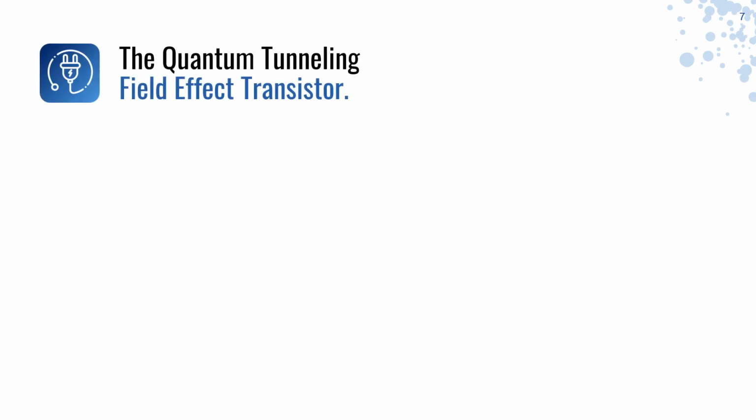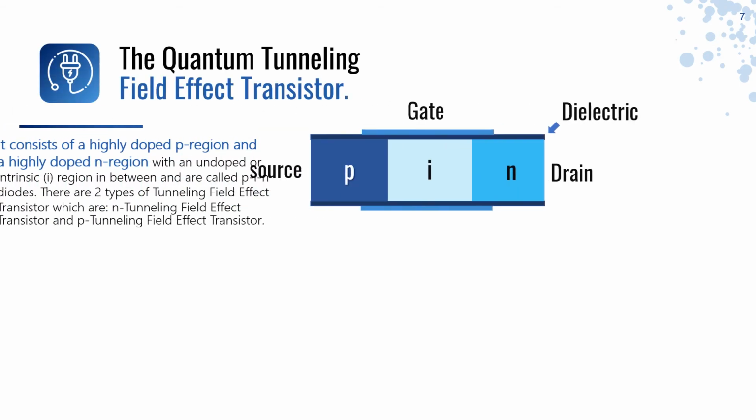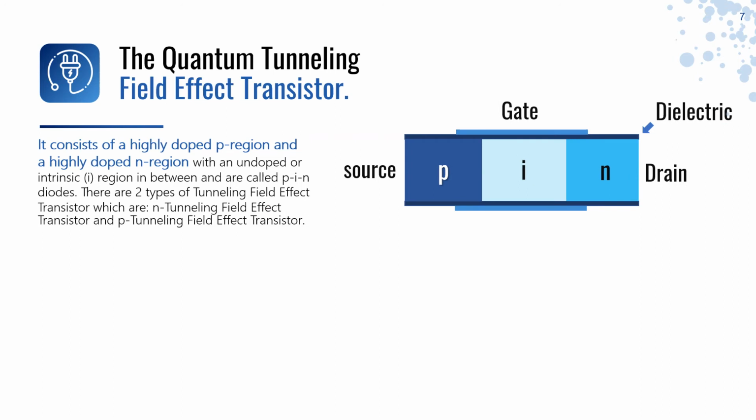Let's first look at the components of the quantum tunneling field effect transistor. It consists of a highly doped P region and a highly doped N region, with an undoped or intrinsic region in between, and is called a PIN diode. There are two types of tunneling field effect transistor, which are N tunneling field effect transistor and P tunneling field effect transistor.